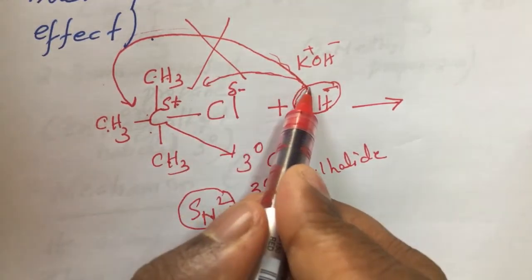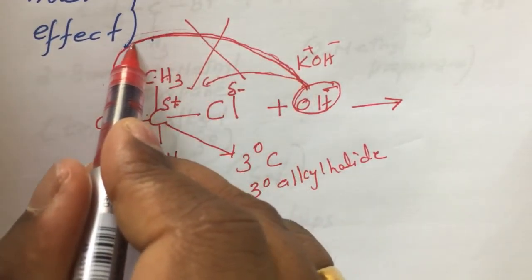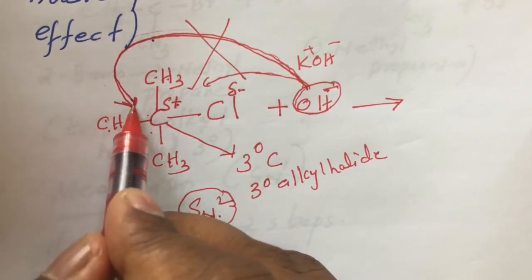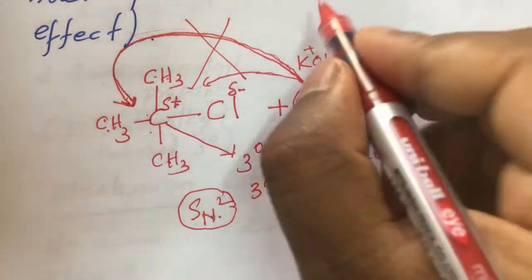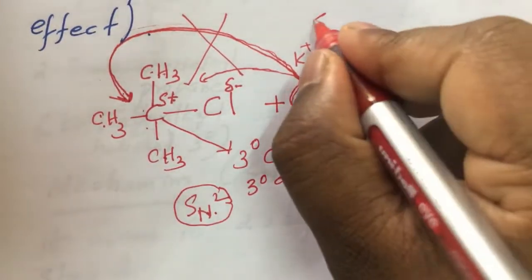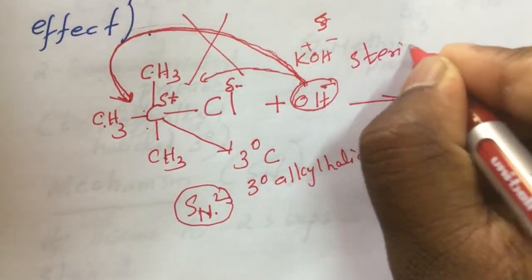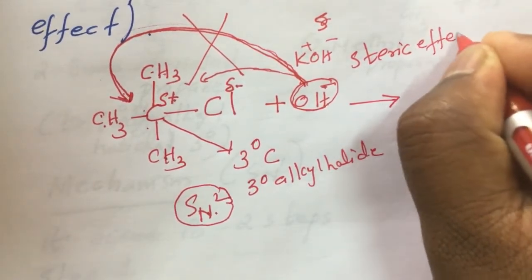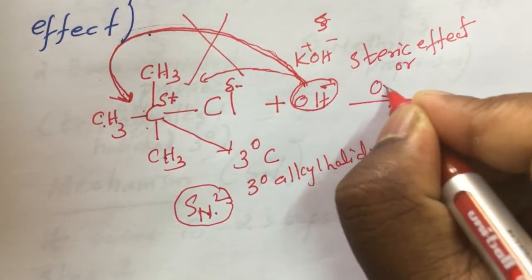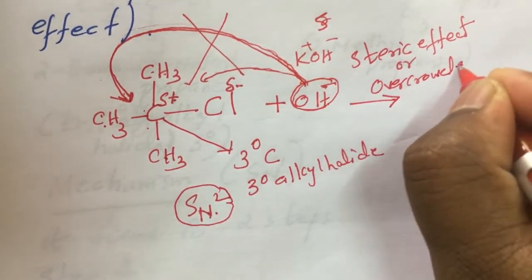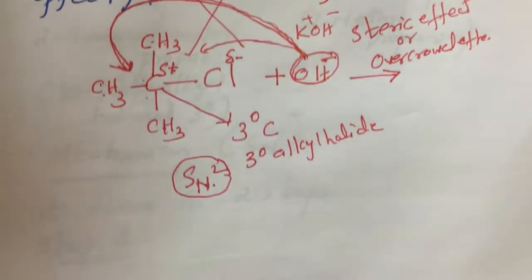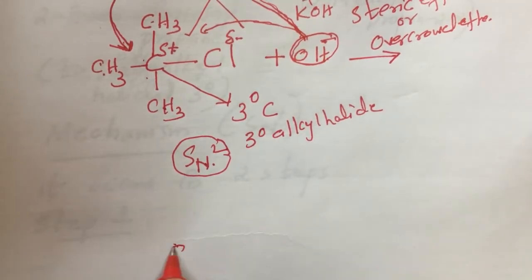Because when OH minus attacks from the backside, there is a chance of steric effect, also called the overcrowd effect. Okay, I will show you one more picture, then it becomes clear.